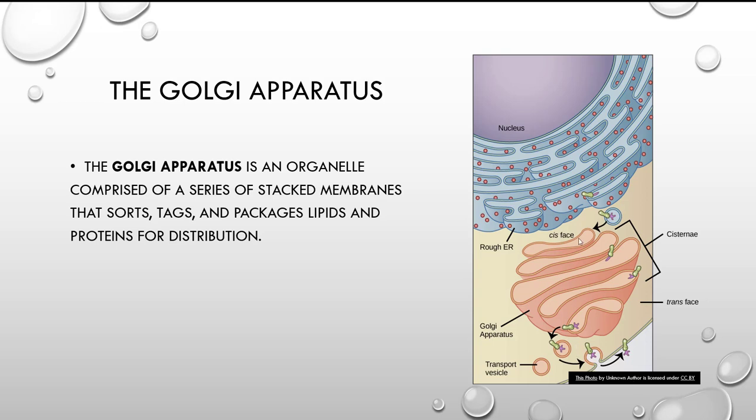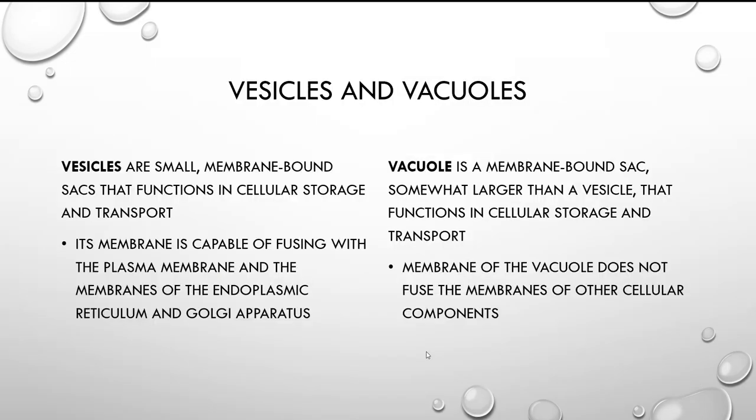These are not vacuoles. Vacuoles do not fuse with other organelles or plasma membranes. Okay. So that's the difference between the vesicles and the vacuoles, as well as their size. But they are involved with transporting things as well as cellular storage. Okay.